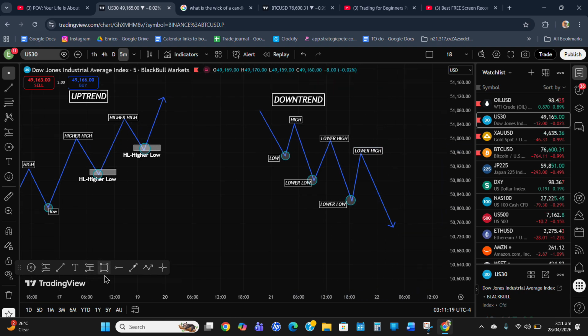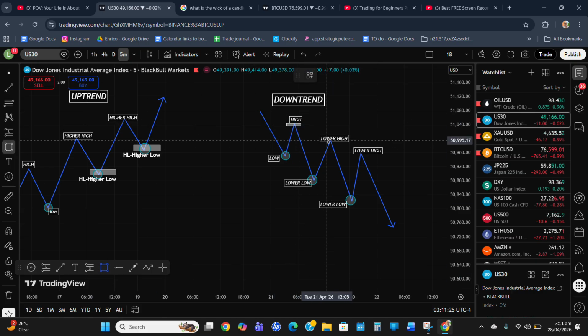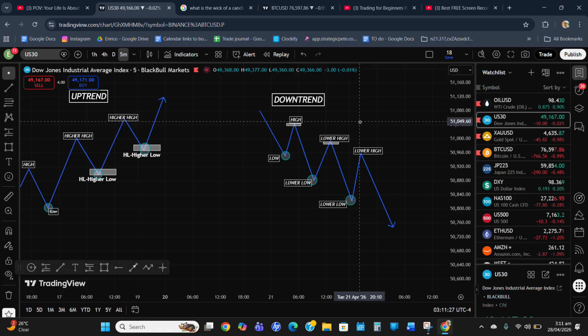Let me make these a square box. Amazing. So, why are these called lower highs? What you will find is we came down, created a low, then we went up, created a high. Came down, created a low, but then we went up and created a high.